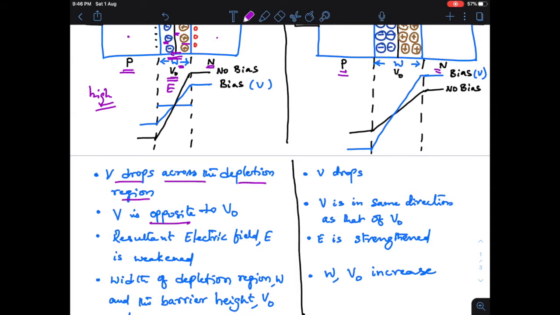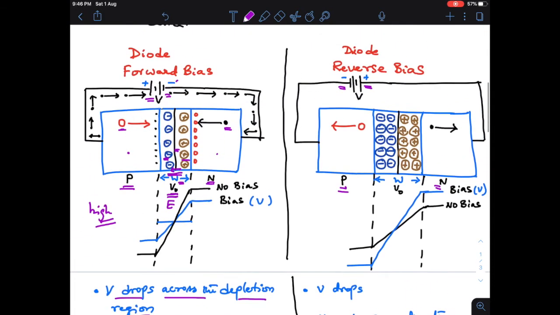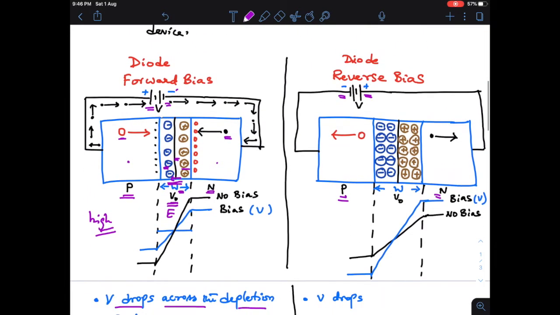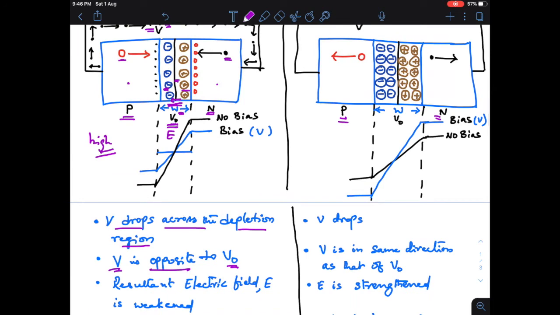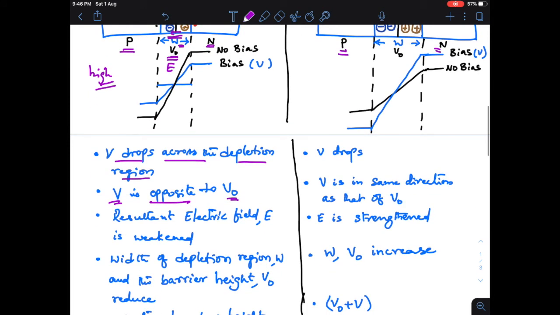So the resultant electric field E is weakened. What does that mean? When V and V naught are opposite to each other, that means when the applied voltage is opposite to the equilibrium barrier potential, then the electric field developed will be reduced or weakened.